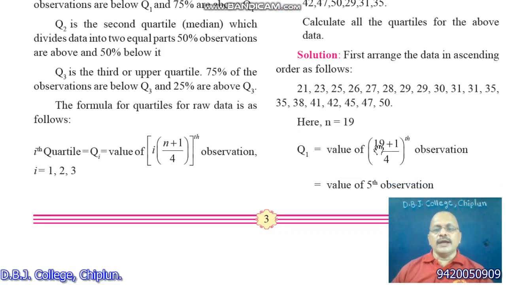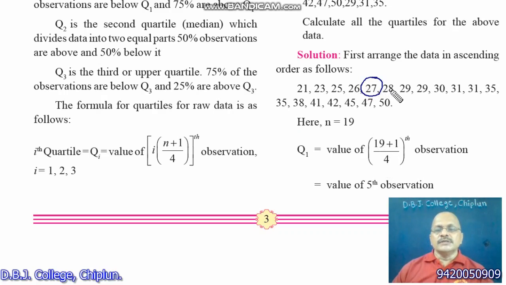Q1 is equal to the value of (19 plus 1) upon 4, that is 20 by 4, that is the 5th observation. Fifth observation counting from left: first, second, third, fourth and 5. This 27 is Q1, the first quartile. Now Q2 will be (19 plus 1) upon 4 multiplied by 2, that is 10th observation.